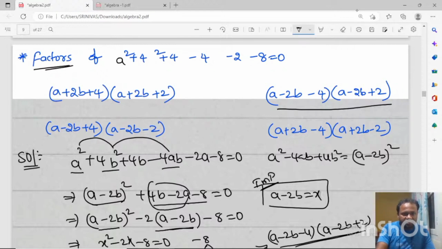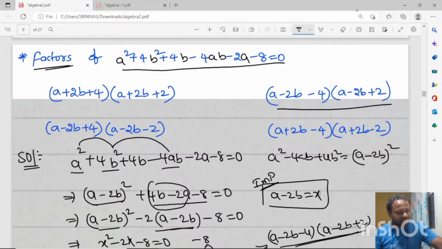A square plus 4b square plus 4b minus 4ab minus 2a. So for this, one more method is there. What is one more method? The method is multiply these. Check whether the answer came.